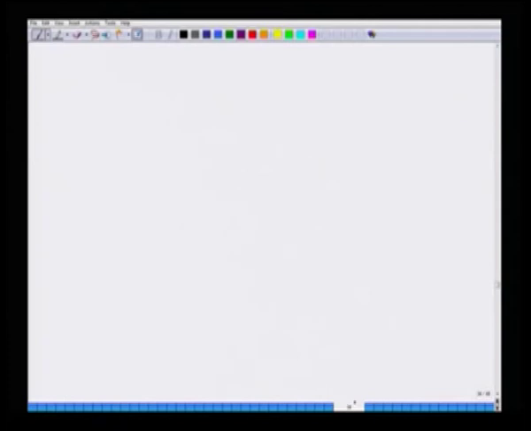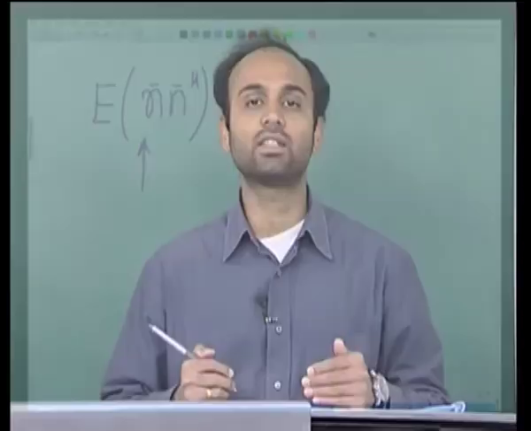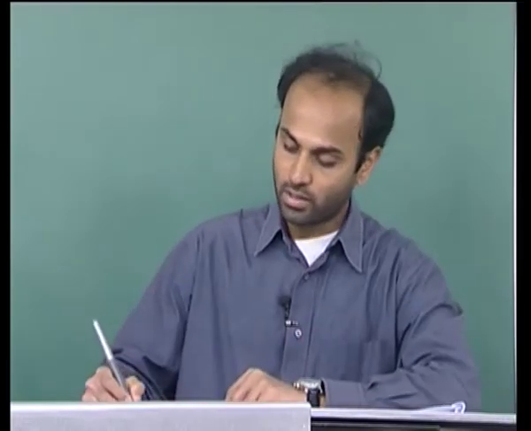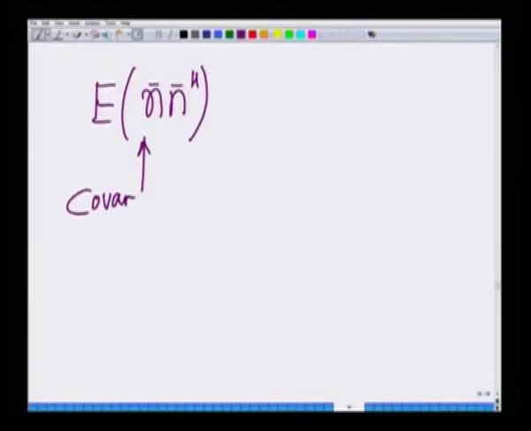Hence, we can write now the multidimensional correlation or the covariance matrix of this noise as expected n bar n bar Hermitian. This is also the multidimensional analog of the correlation between the noise. This is also known as a covariance matrix.